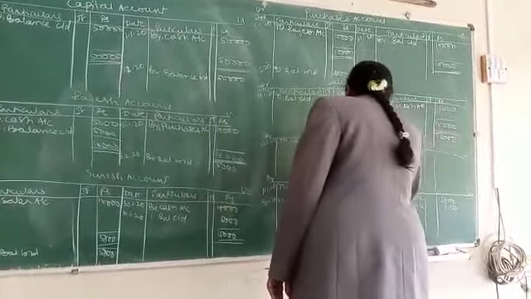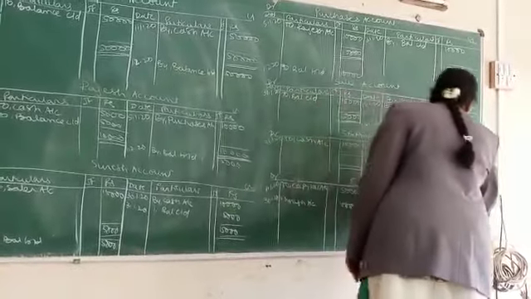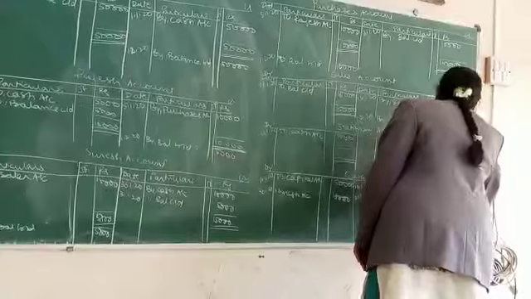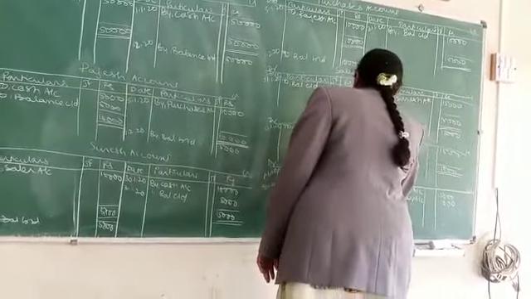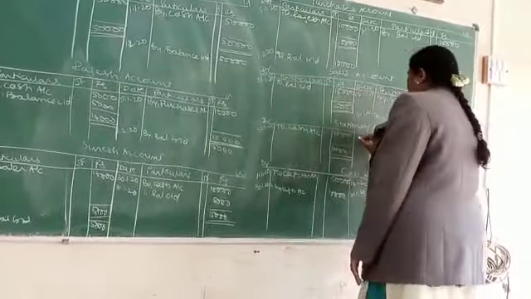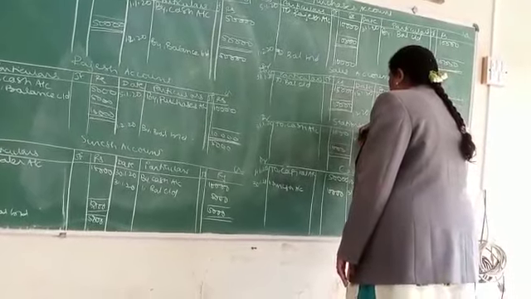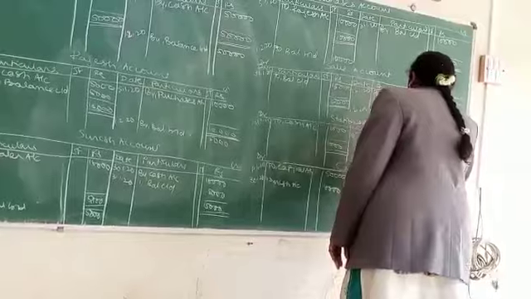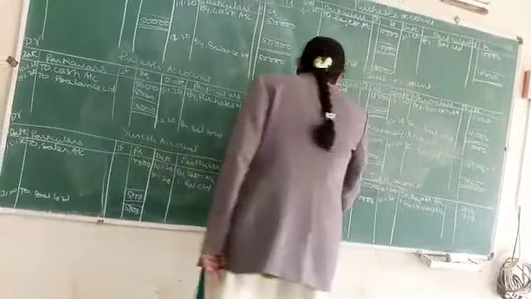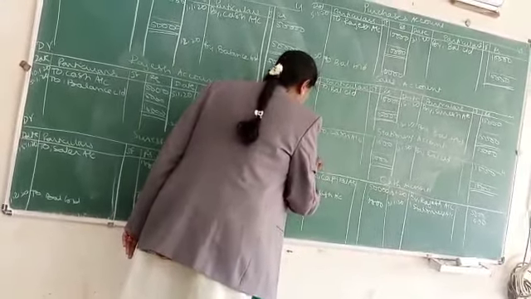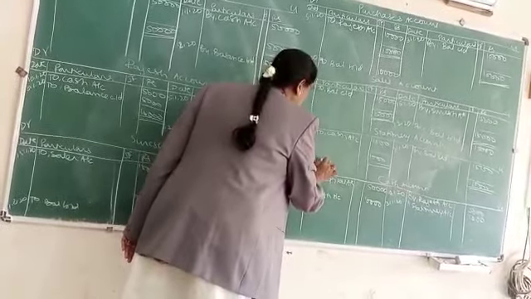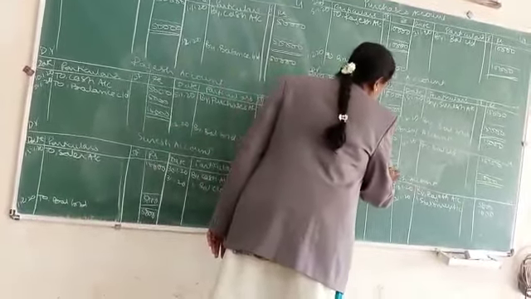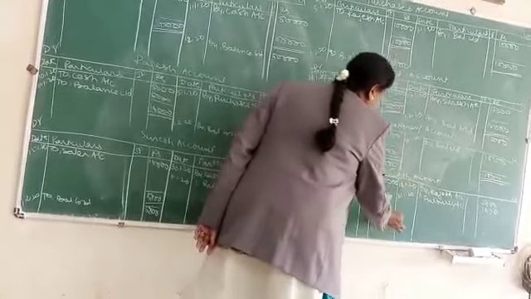Come to the stationery account. Close it. Both the sides write it as 1,000. Whatever is the difference, write it as 31/1/2020. By balance carried down. Come to the debit side. Write the date 1/2/2020. To balance brought down. That is 1,000.